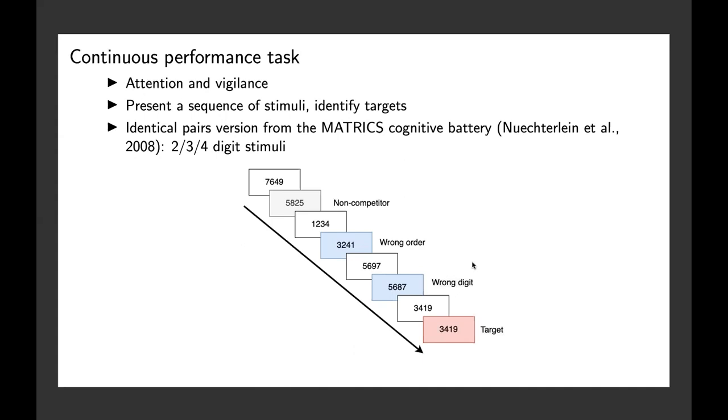It contains exactly the same digits as its immediately preceding stimulus, but in a wrong order. The second one is the wrong-digit competitors. It contains the same digits in the right order, except for 1. Apart from these 3 types, all the other stimuli are non-competitors, which are not in any of these categories.